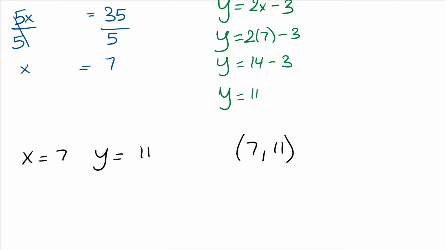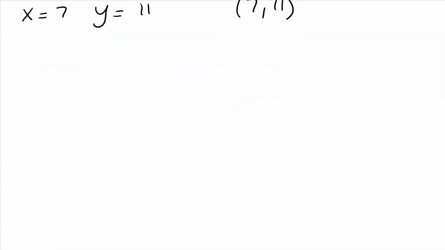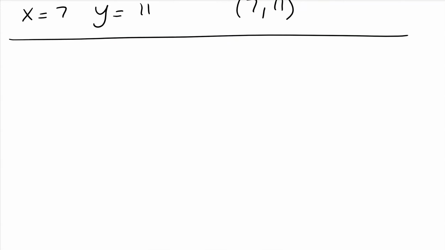All right. Let's look at another example. So if I have, draw a line between there. Let's say if I had 2x plus 3y equals 14, and the second equation is x equals y minus 3, and I want to solve this simultaneously.